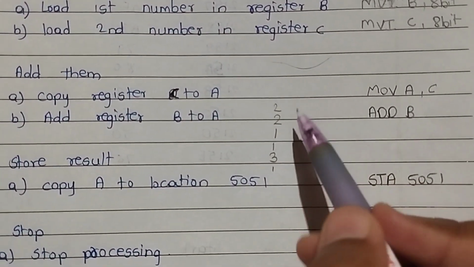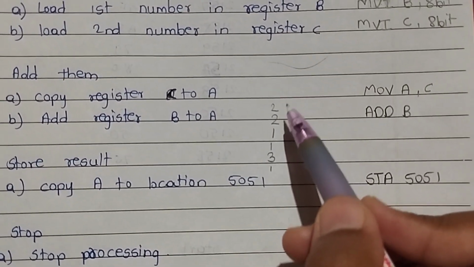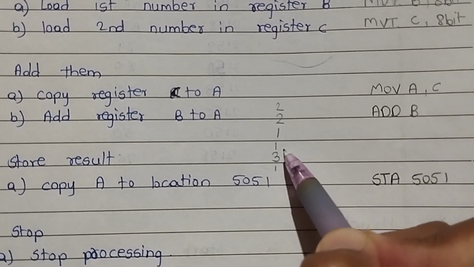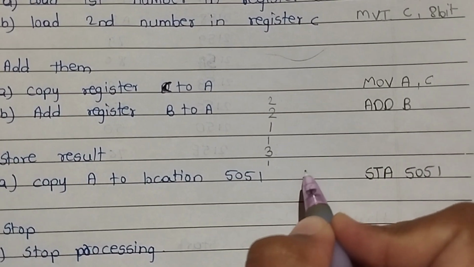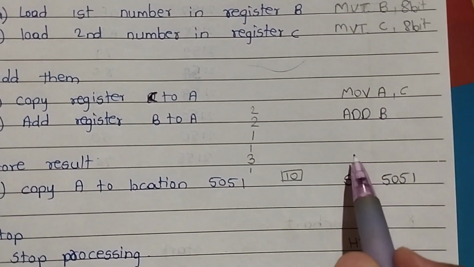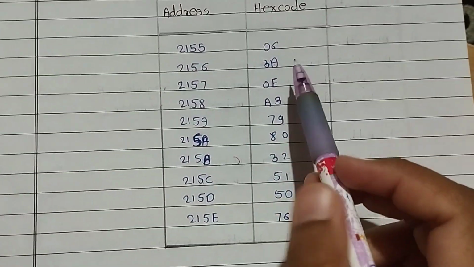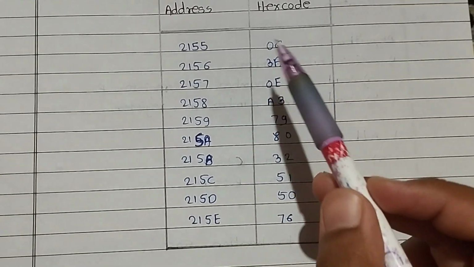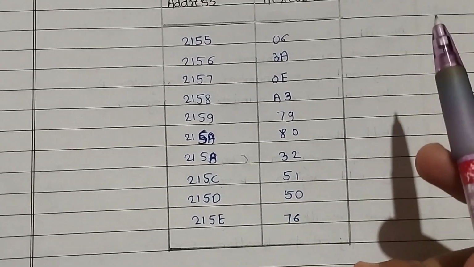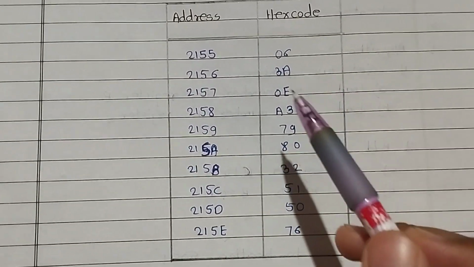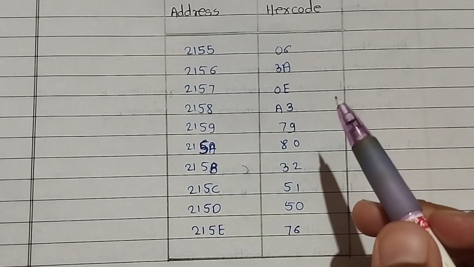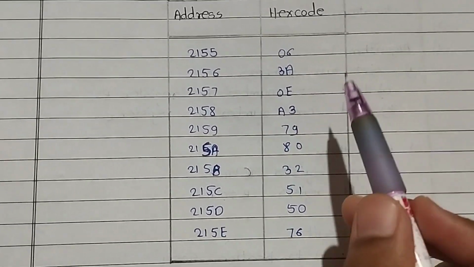Now count the total bytes: 2 and 2 is 4, 5, 6, 6 and 3 is 9, 9 and 1 is 10. Means a total of 10 addresses are needed to complete the program, and the given table also has 10 addresses: 1, 2, 3, 4, 5, 6, 7, 8, 9 and 10. So we check that our program and the given table match, meaning we did not make any mistake in writing the program.